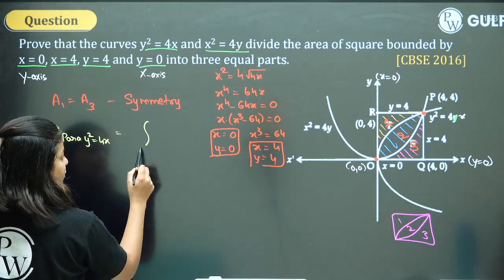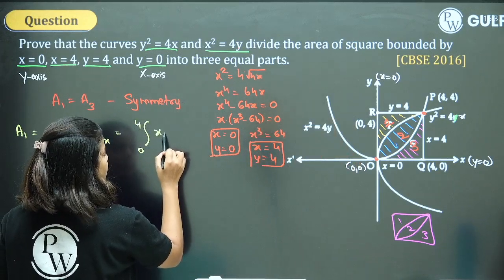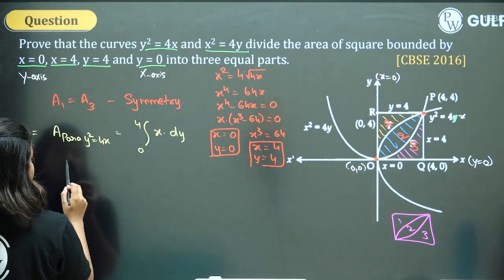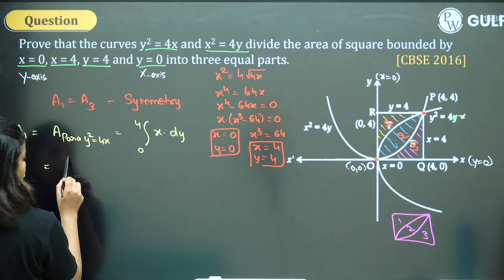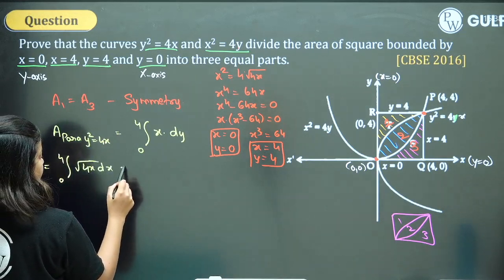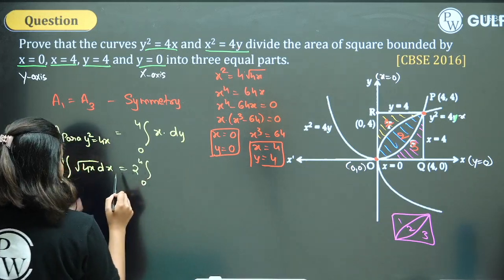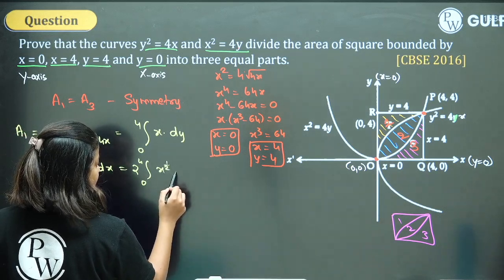Which is integration from 0 to 4. Now look, the limit is on y-axis, so I am going to integrate with respect to y. And what's the value of y for this parabola? Yes, it is root of 4x dx. Root 4 will come out as 2, 0 to 4, integration of root x, which can be written as x raised to half dx.